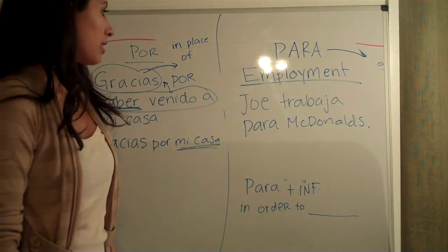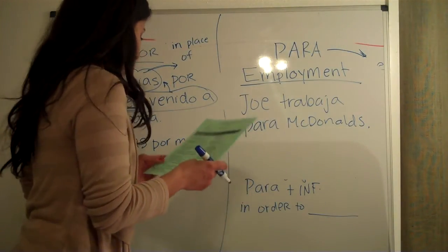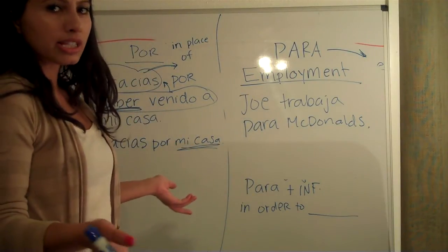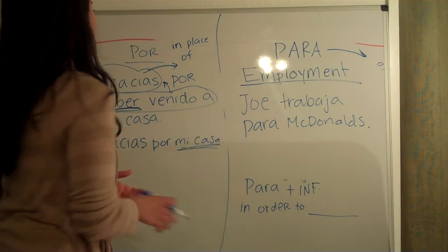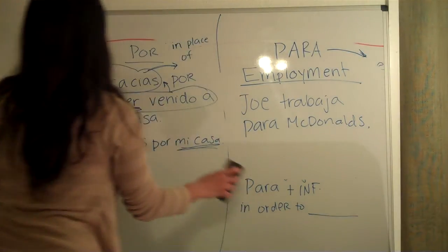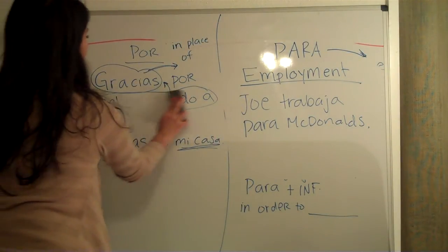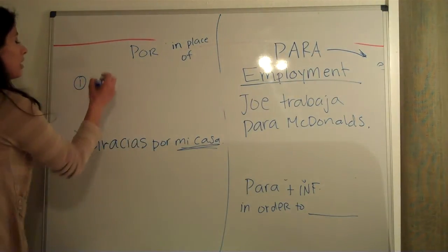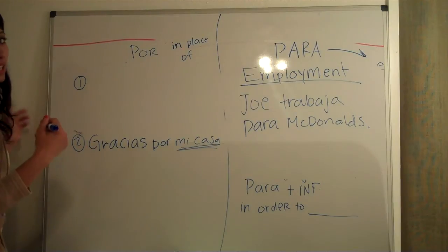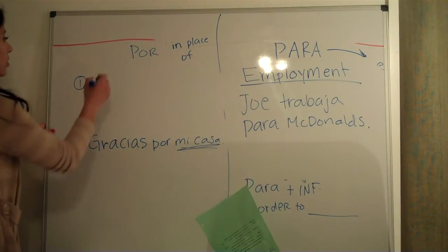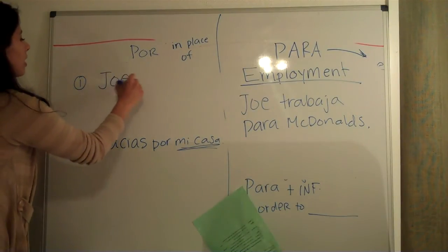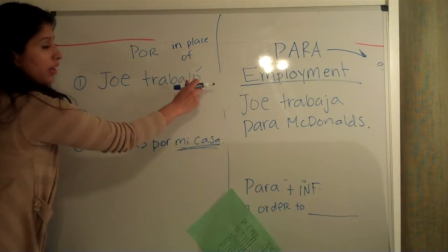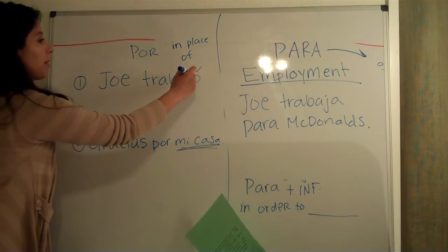He goes there, they give him checks. Say one day your friend's sick and you have to work for him. That would be something different. Watch. Like yesterday, Sally was sick and Joe worked for her. Joe trabajó. This is preterite, okay, for an AR verb, trabajó.